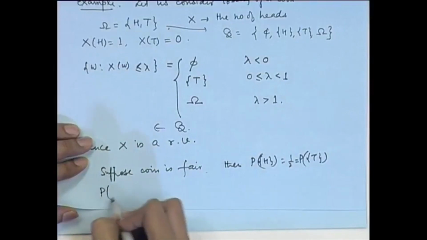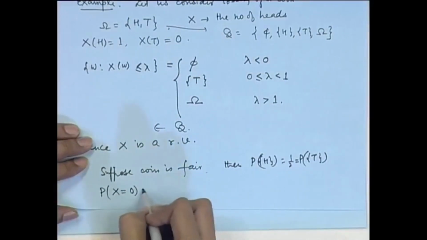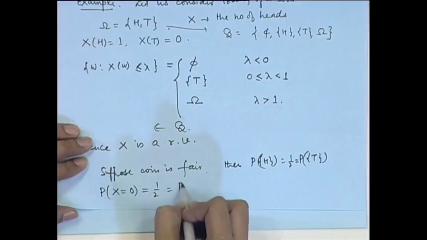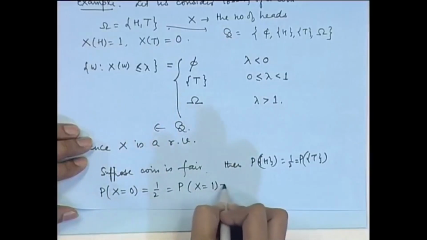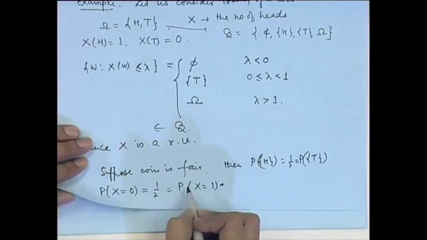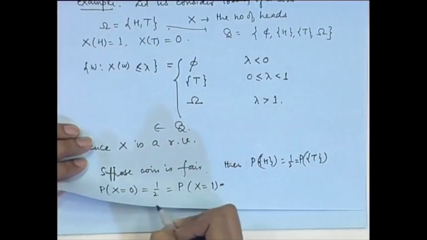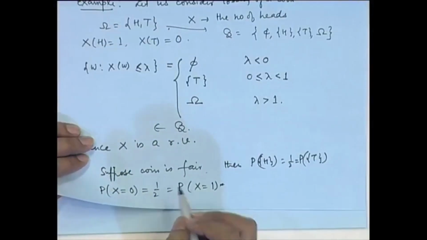Therefore, probability of X equal to 0 is half, and probability of X equal to 1 is half. So, this is giving you the probability distribution of the random variable X.